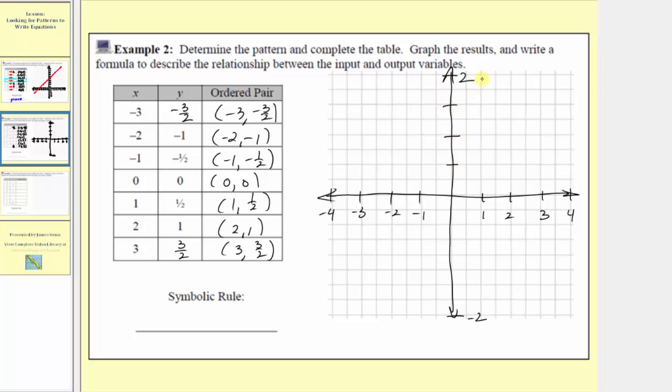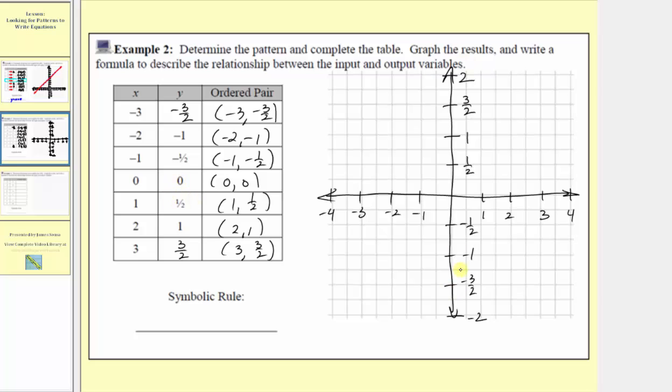Now we'll count by 1/2 up from 0. So we'd have 1/2, 2/2 or 1, and then 3/2 or 1 1/2. Let's write this as 3/2. And then finally 2. In the negative direction, we would have -1/2, -1, -3/2, and -2. Notice all the outputs appear on the vertical axis.